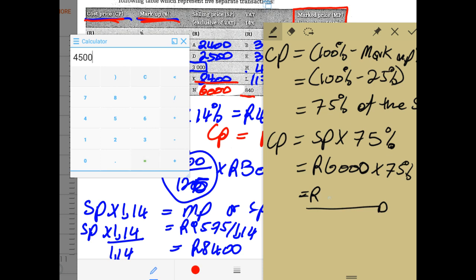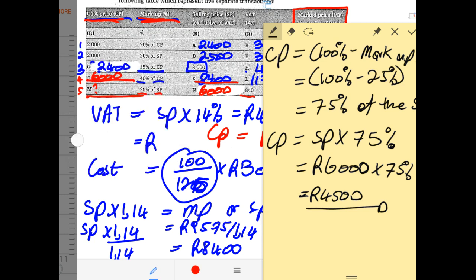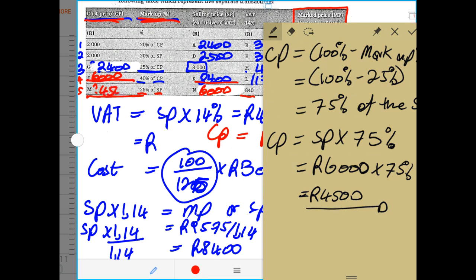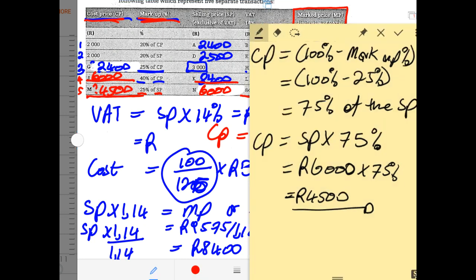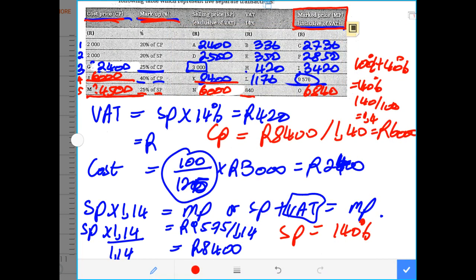Then this will give us 4,500 rands as alphabet number M. Then alphabet number M will be 4,500 rands.